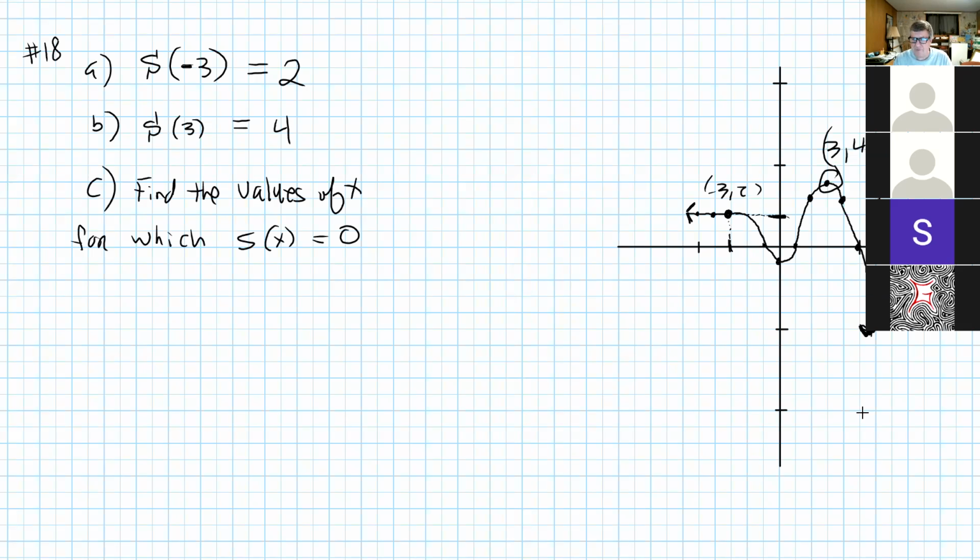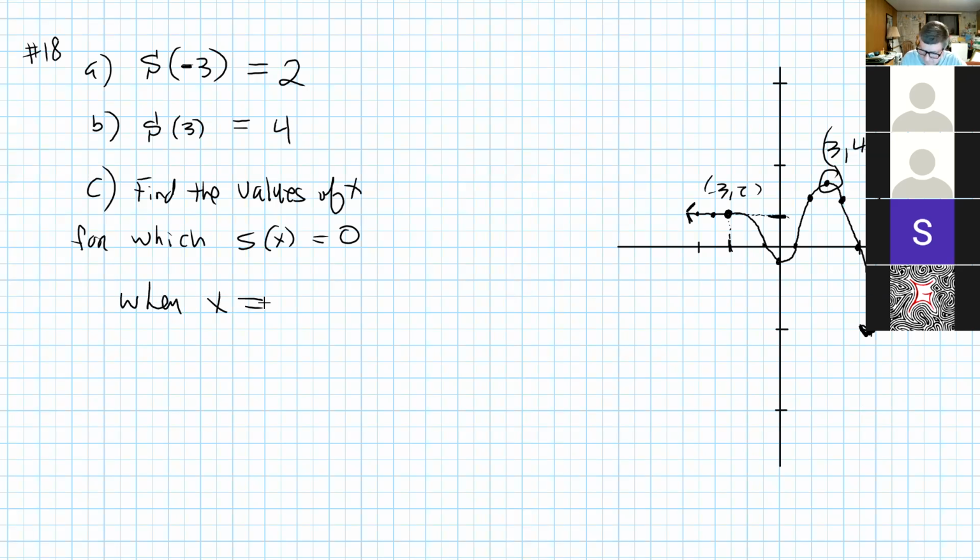What does y have to equal in this situation? 0. So where on the graph are there points that have a y value of 0? Let me remind you from that list we looked at yesterday, to find an x-intercept, set y equal to 0. So what we're actually looking for are the x-intercepts.